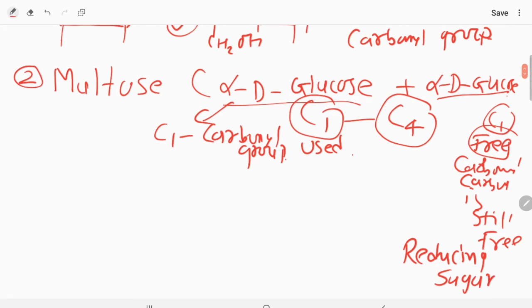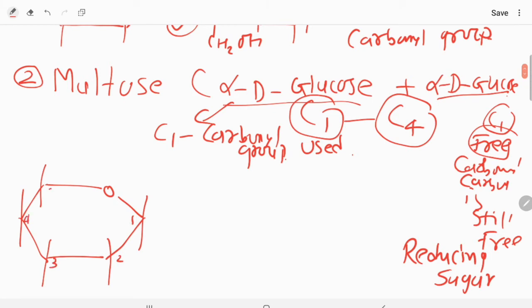Now, how to make a bond? First of all, let's check the structure of alpha D glucose. We will plot alpha D glucose again. Here there will be oxygen. Now carbon number 1, 2, 3, 4, 5, and CH2OH, which is carbon number 6.